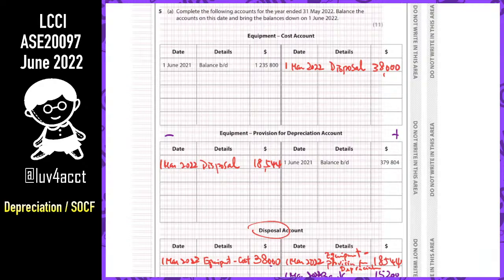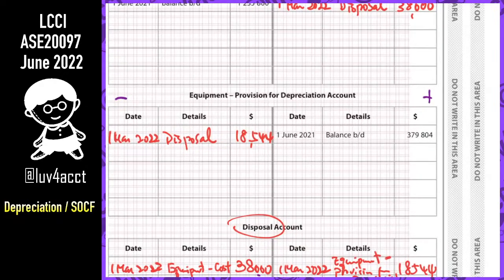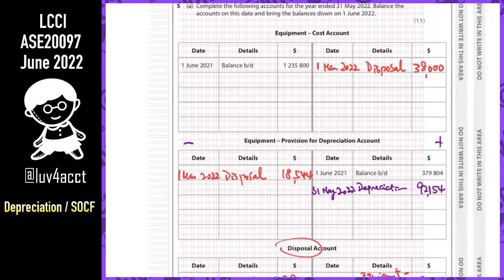So when you are making the depreciation charge, you add to the provision, you accumulate it, right? So 31st May year 2022, I will put depreciation here, depreciation, or statement of financial position. So you have 92,154. Later I make the balance.